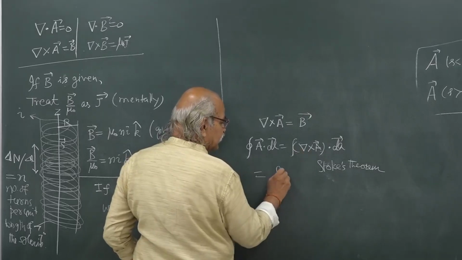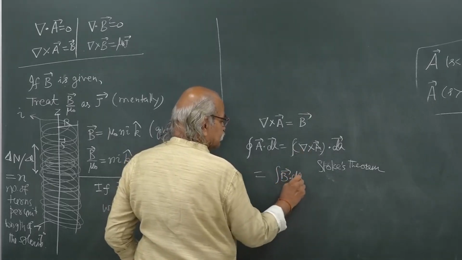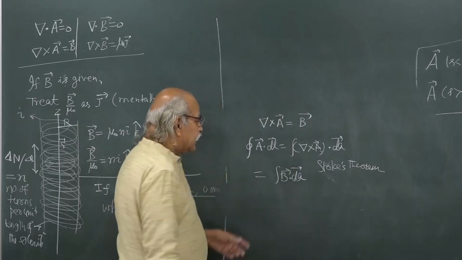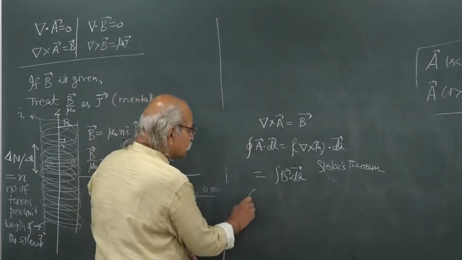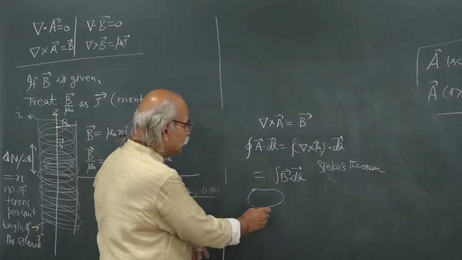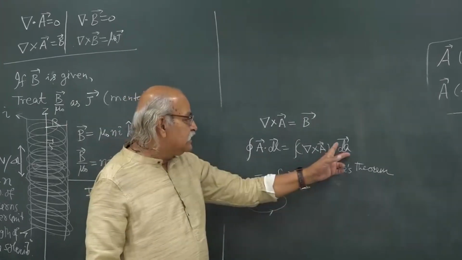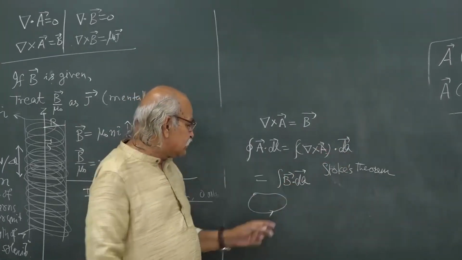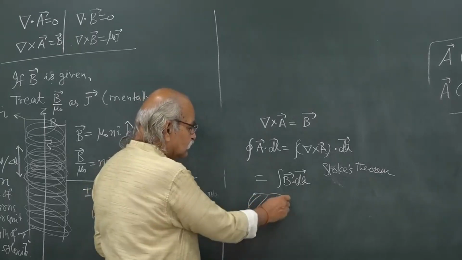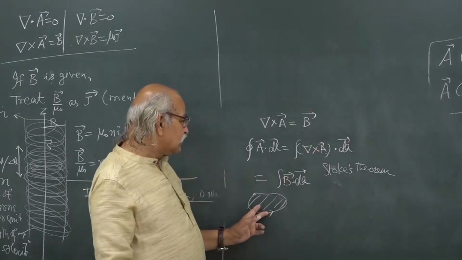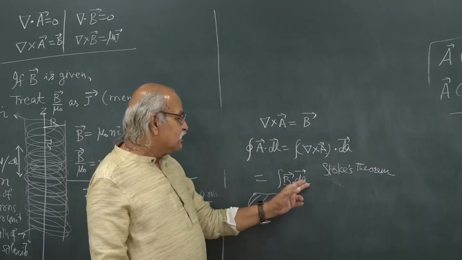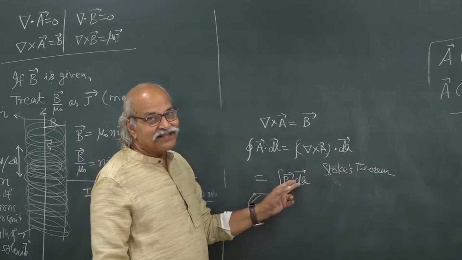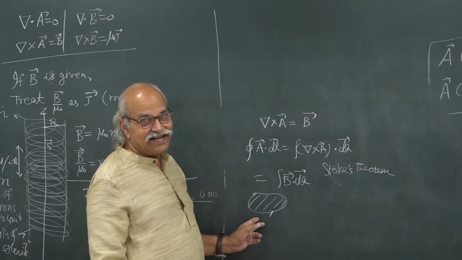So, this is B dot dA, and this is on a closed loop with an arrow, and this dA vector, the area vector, is here. On the right hand side you have to integrate on this. So, B dot dA is the flux of magnetic field through this area.